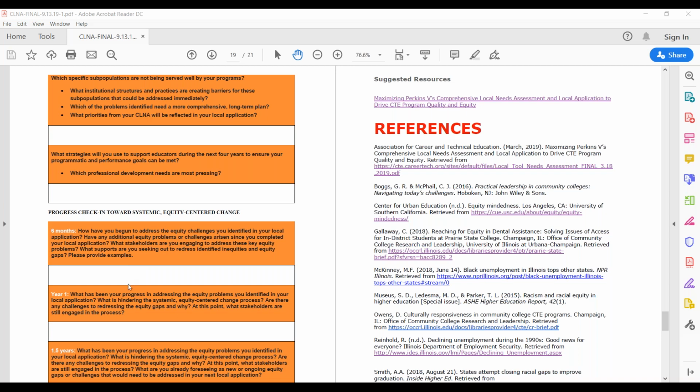So if there's any questions, I can try to answer to the best of my ability, but as was mentioned too, this is considered a draft, and it's part of the whole process of the state approving its own plan for Perkins 5.